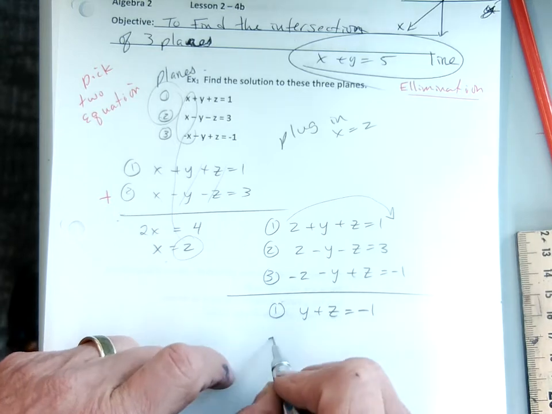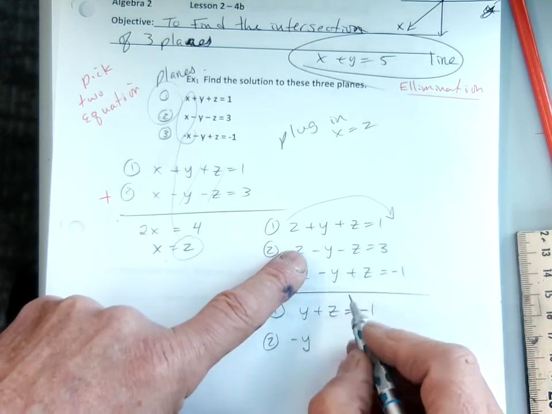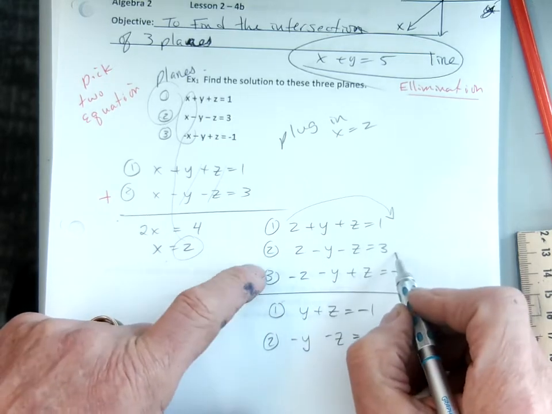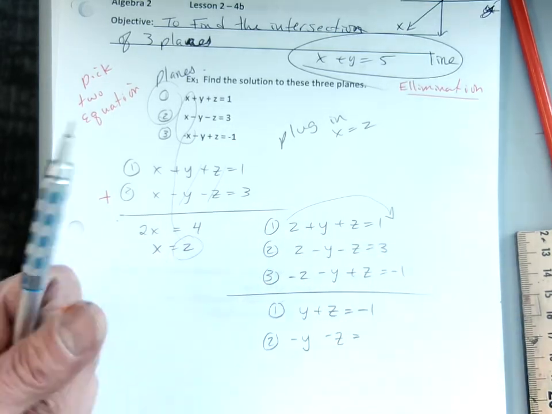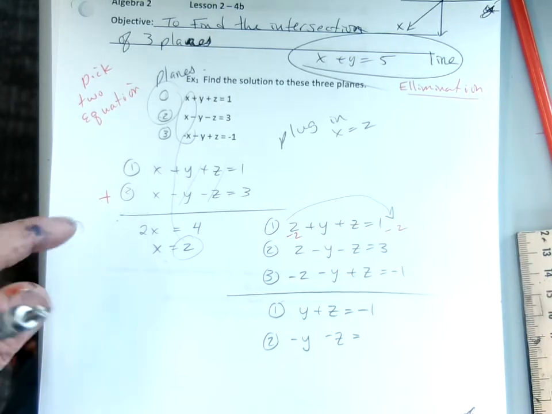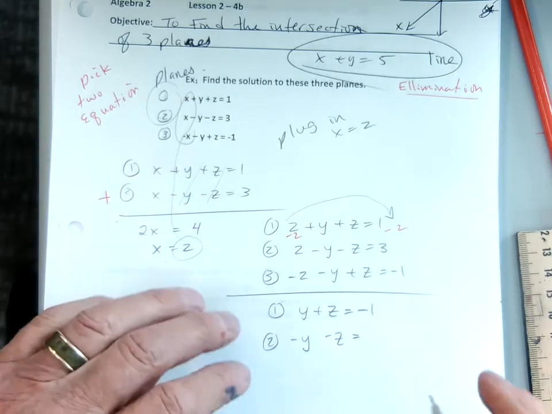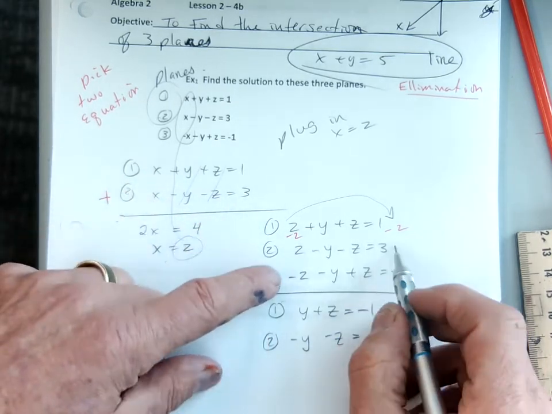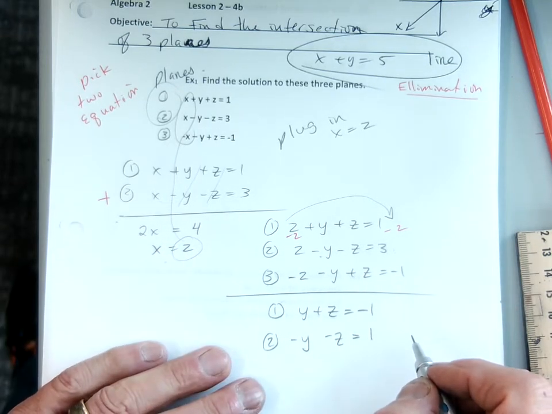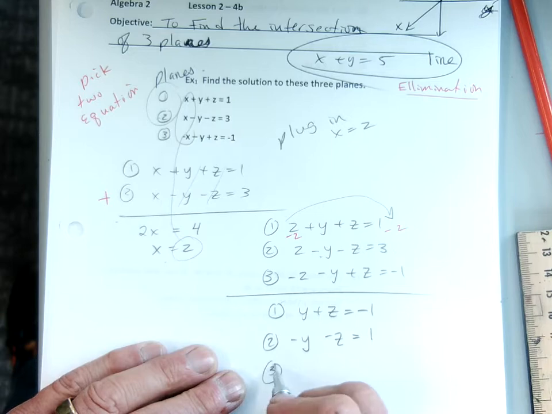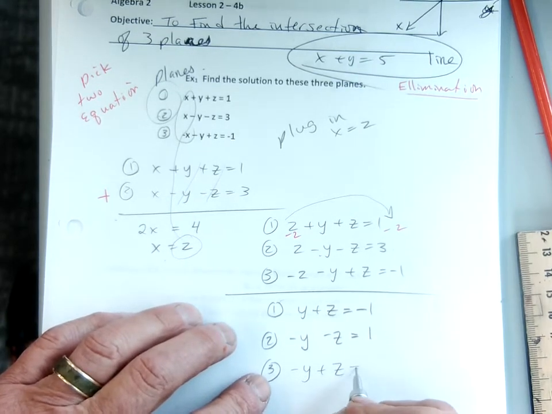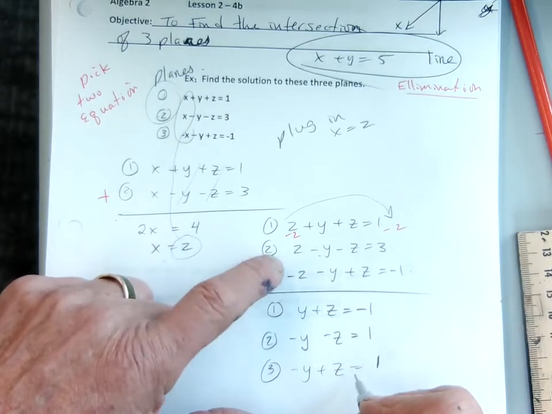Equation 2 is minus y minus z equals, if I subtract 2, minus 2 minus 2, I get a positive 1, right? Equation 3 is going to be minus y plus z equals positive 1.